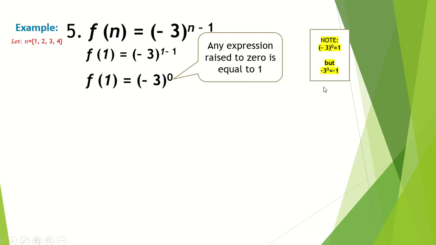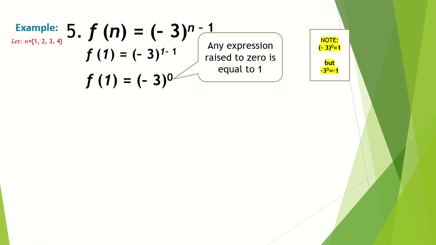But if the case is negative 3 without a parenthesis raised to 0, this is equal to negative 1. Why? Because the only base of the 0 exponent here is 3. Negative is not a base of 0. Therefore, you have negative 1 times 3 raised to 0.